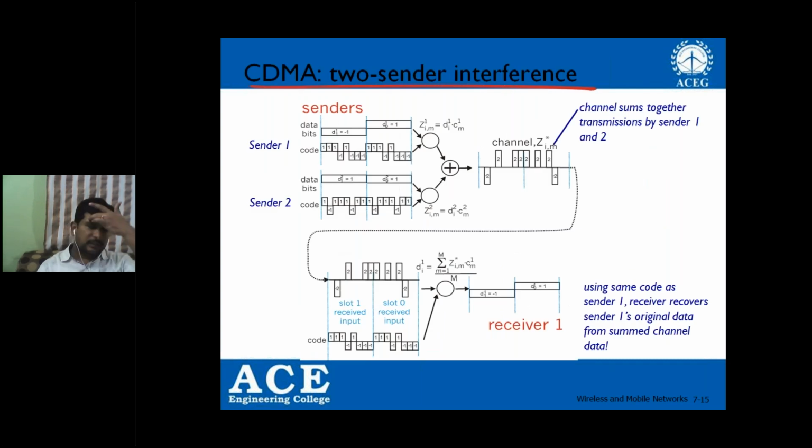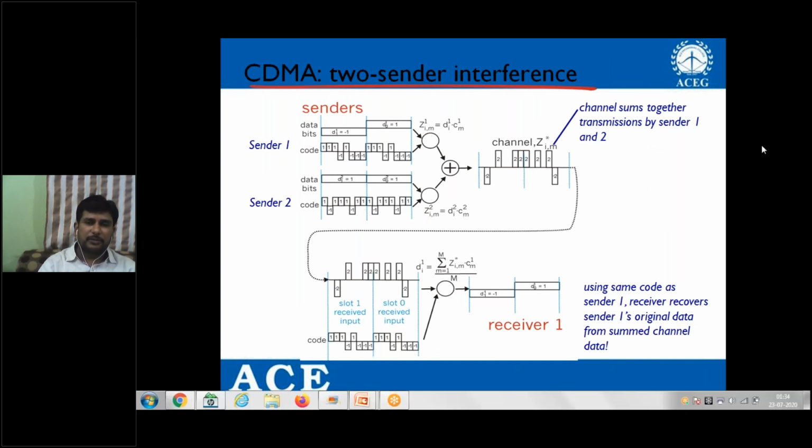So once again the same example, but here the problem is we may have interference. When you find two senders trying to send data at a time, D0 is 1, D1 equal to -1. In the second case, D0 is 1 and D1 is also 1. We combine 1 plus 1 and we will find this particular sum which has been generated.